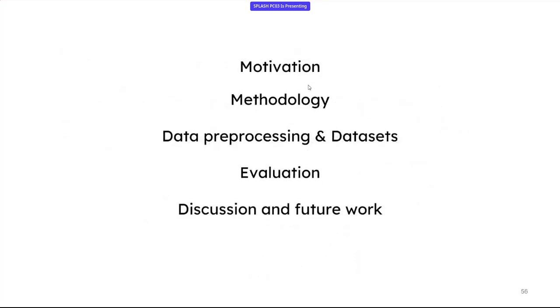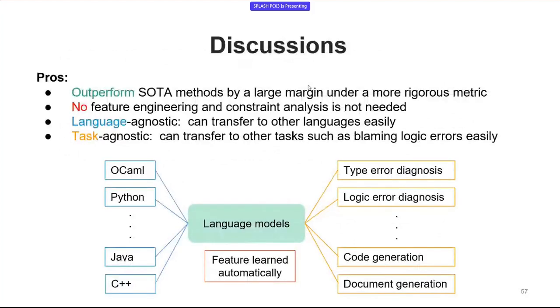Okay. Lastly, I would like to briefly discuss the advantages and disadvantages of our method. The first one is that our model could easily outperform current state-of-the-art methods by a large margin, even under a very rigorous metric. Second, in the whole design of this pipeline, we don't need any feature engineering, no human expert knowledge, and no type constraint analysis.